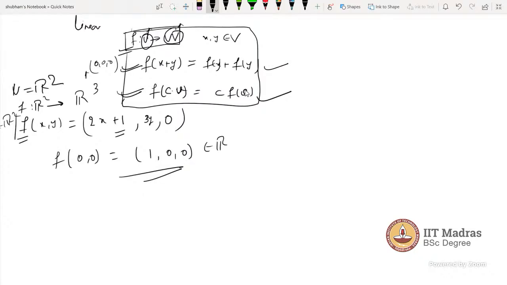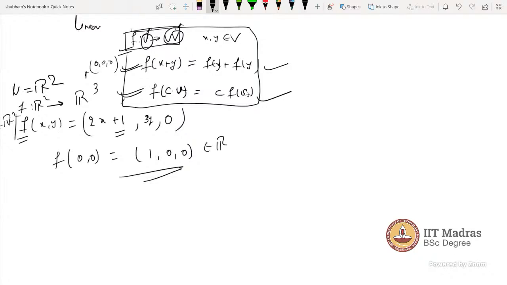Otherwise, suppose the linear transformation is from R2 to R3, checking whether it maps zero vector to zero vector will still work. You can check one by one, putting the zero vector in as input and getting the output.